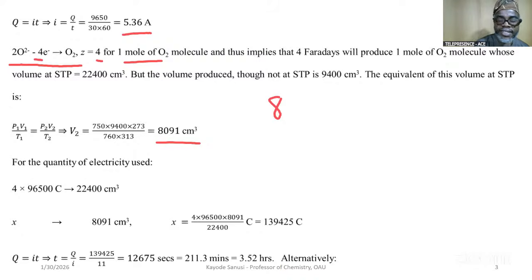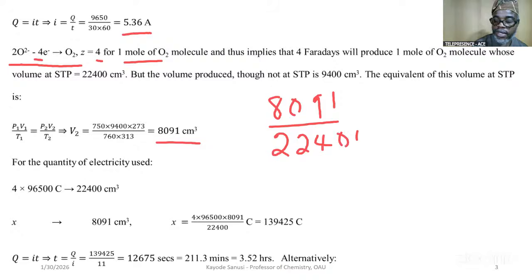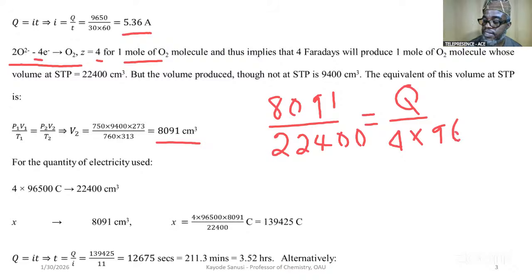So 8,091 was produced. Under standard condition, 1 mole of oxygen will be equivalent to 22,400, and that will give us Q over 4 Faraday, 96,500 Coulomb. So we can get our Q from here.